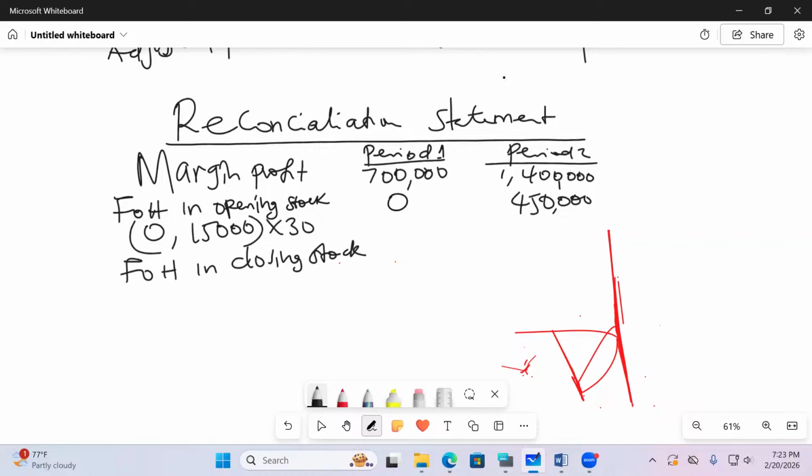How many units? 15,000 and 10,000. And do you remember the fixed overhead per unit, the fixed overhead absorption rate that you used for absorption? That is what you put there. So the first one will be what here, somebody? 450,000. And then what do we have here? 300,000.